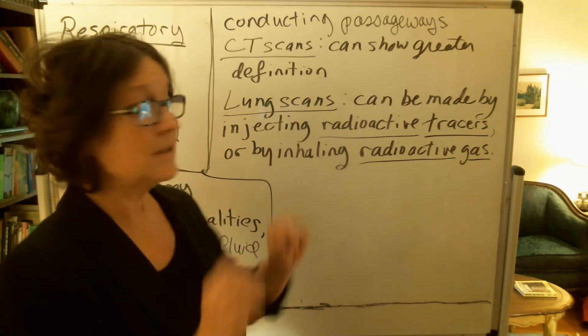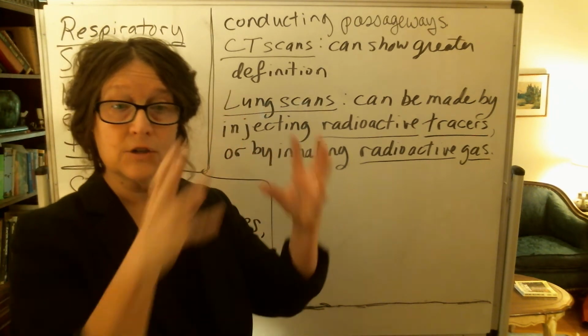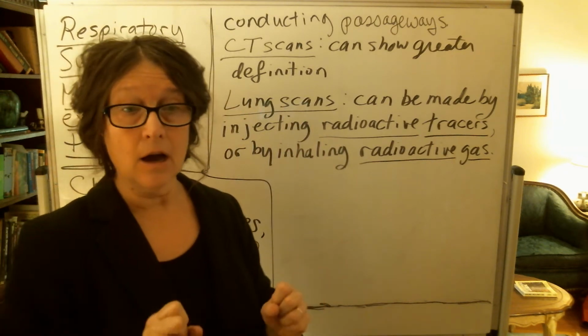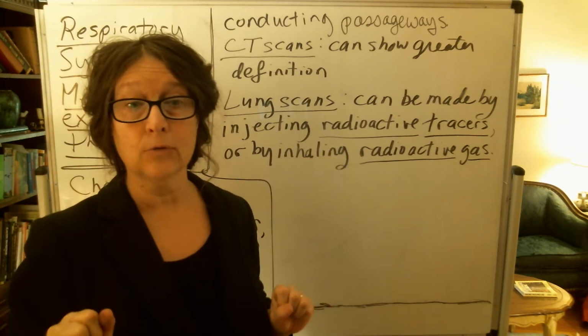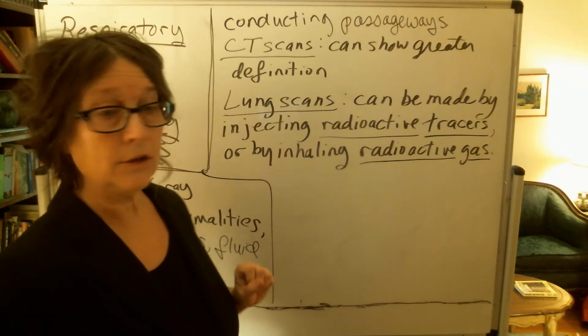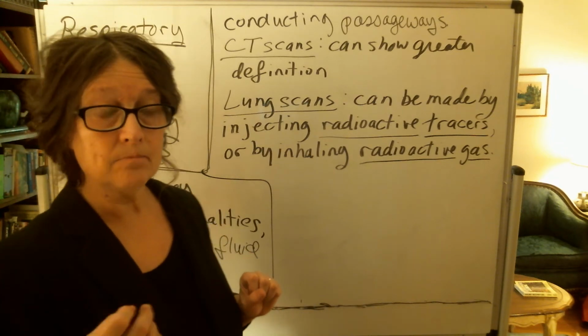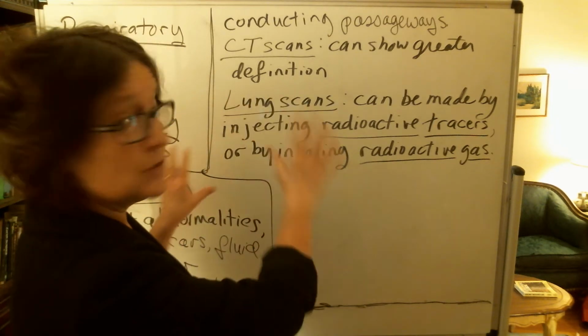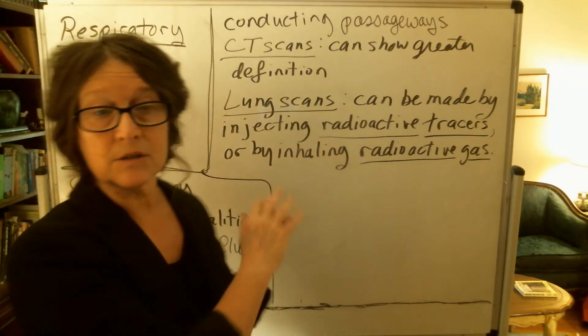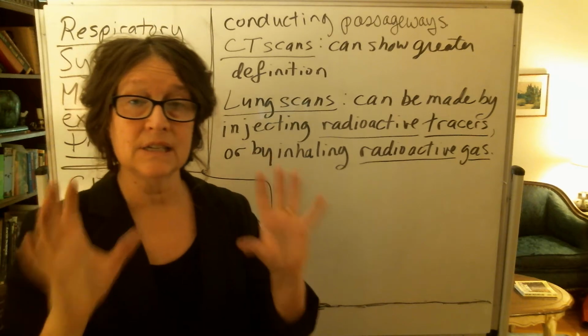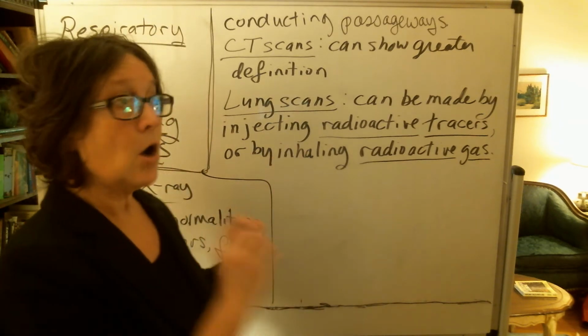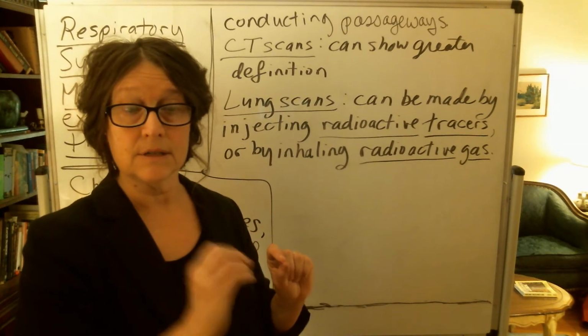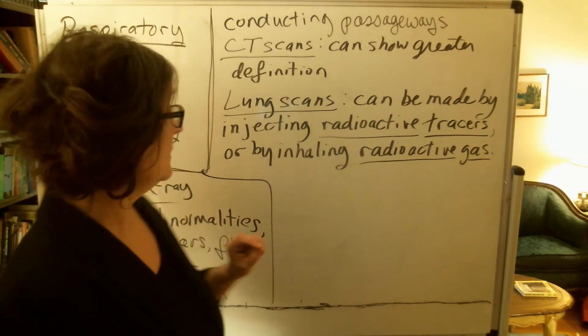And that means that all of the blood vessels surrounding the lungs are going to light right up when you look at them. They do not literally glow in the dark, but using various different mechanisms, you will be able to see still greater definition of the surrounding blood vessels, which can be very useful at times.